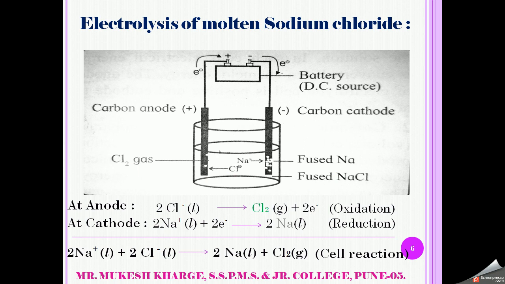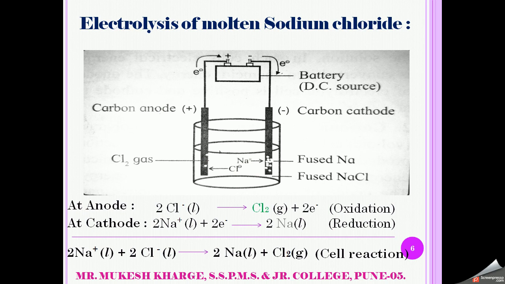So Na plus, which is a cation, gets attracted towards the negative electrode, that is the cathode, and the Cl minus, which is an anion, gets attracted towards the positive electrode, that is the anode. Now see the reaction at these electrodes.